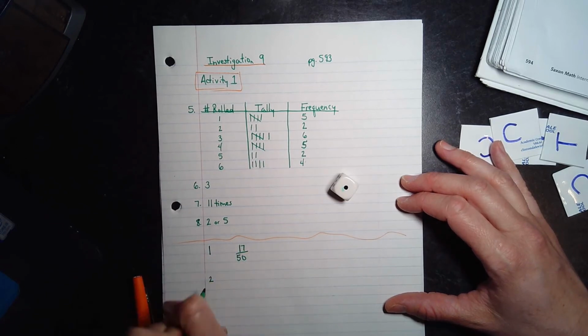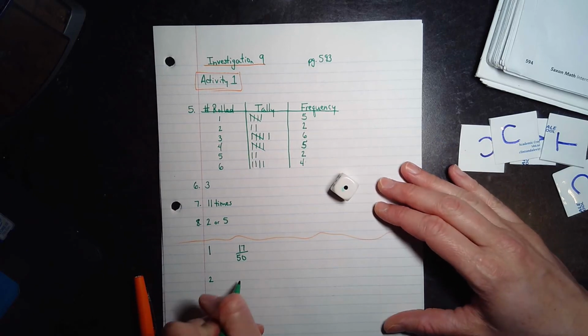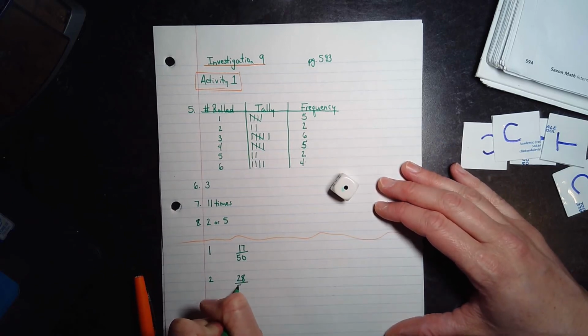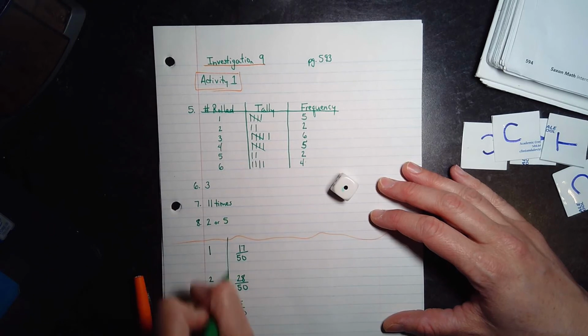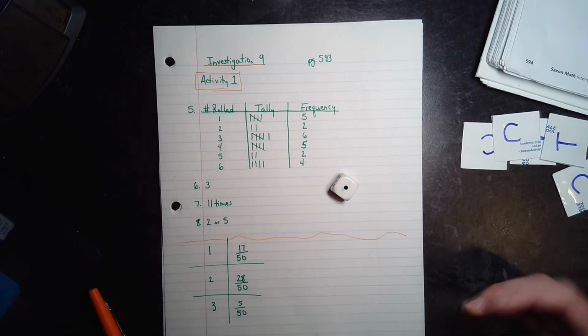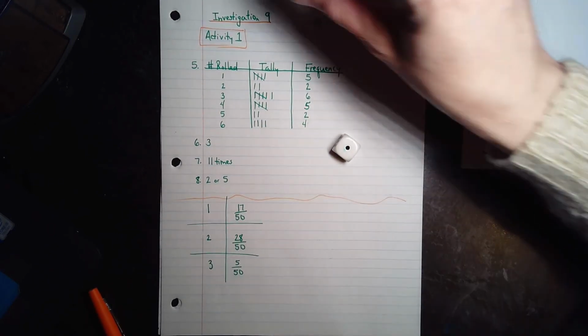She spun a 2 28 times out of 50. And she spun a 3 just 5 times out of 50. All right, so that's our info there. It's already in your book, but I'm just copying it down so we can be staring at the same thing.